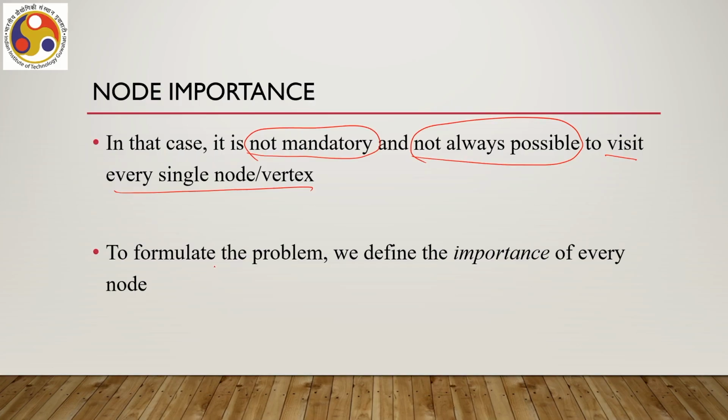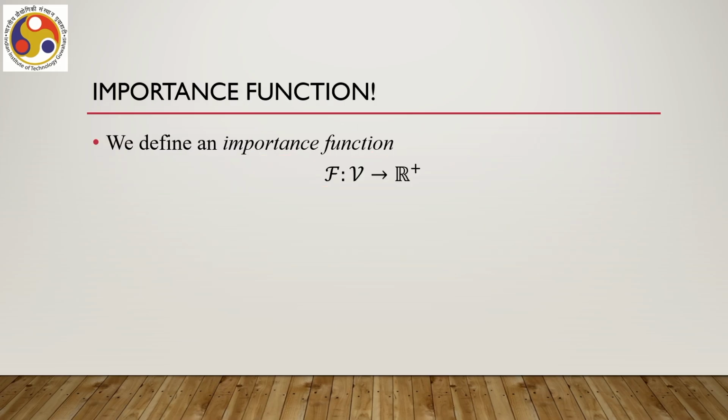Now, in order to take this into account to formulate our overall problem, we defined a term called the importance of every node. How important a node is. Unless we know the importance, we do not know which nodes to cover within the given time threshold. In order to do that, we can define an importance function, a function that assigns importance to every node, which is in the form f: V maps to the set of positive real numbers.